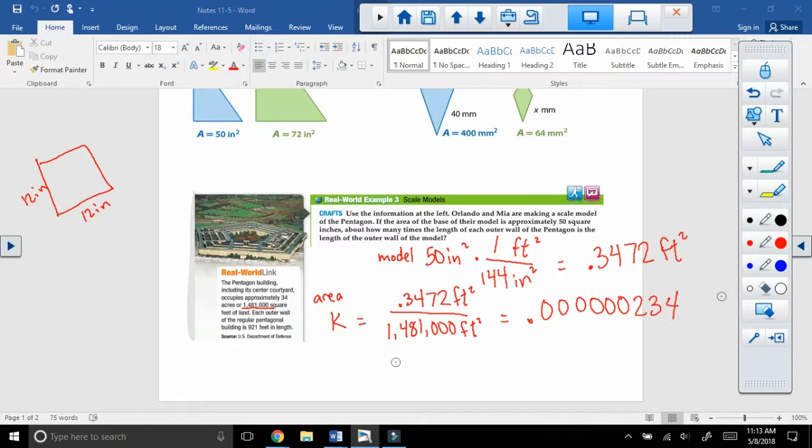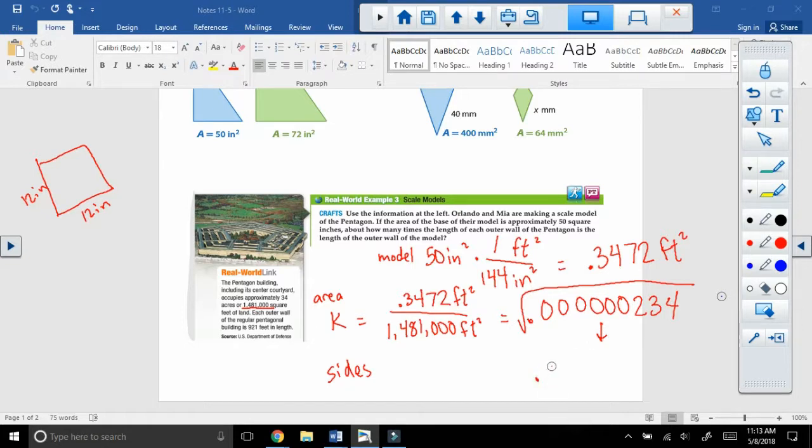That's for the area. So how could I find the ratio of the sides? This would be like square units, so I'm going to take the square root of that. I'll leave that on my calculator and take the square root of that answer.